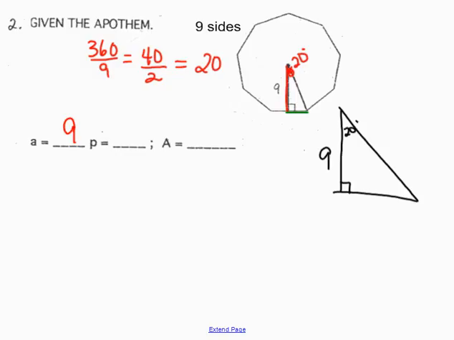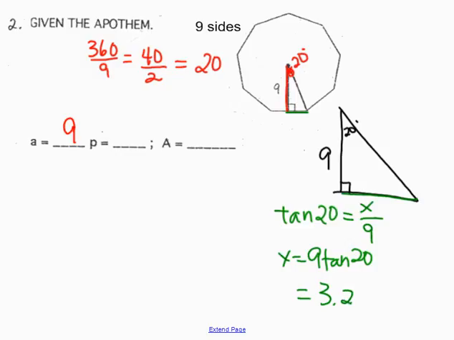All right, so to figure out this side of the triangle, we're going to use tangent again. Tangent of 20 equals the opposite side over 9. So then x equals 9 times the tangent of 20, and that equals 3.2.